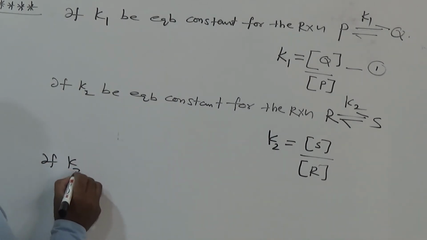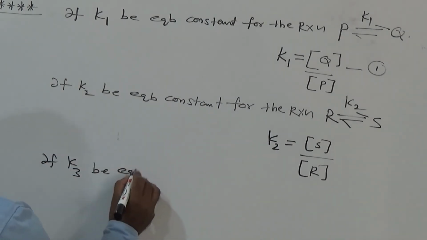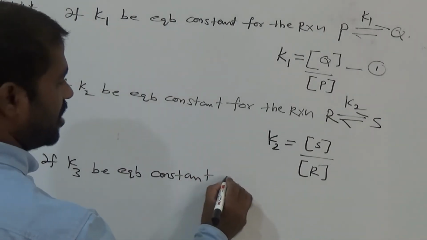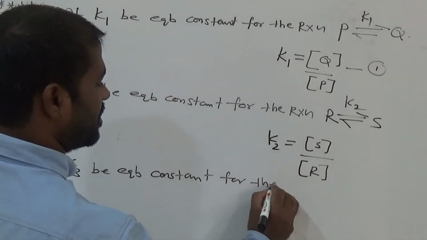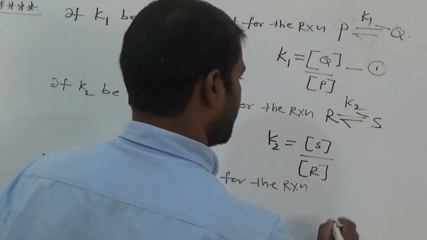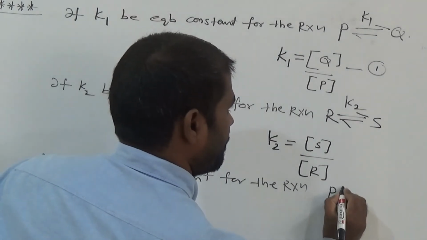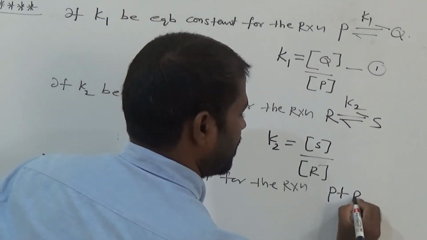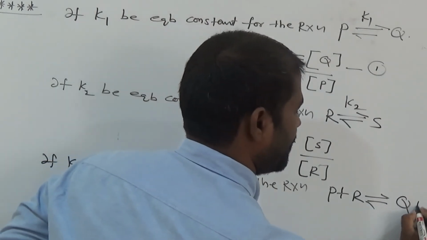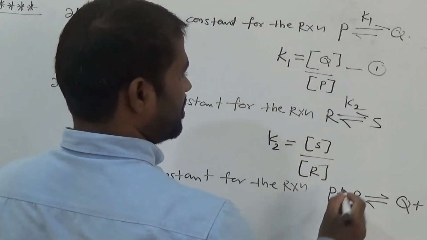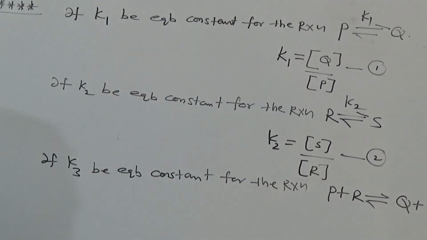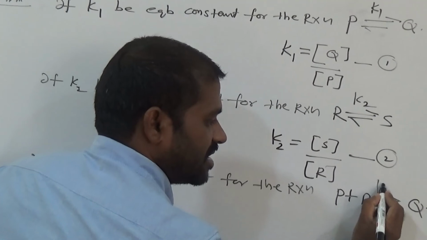If K3 be the equilibrium constant for the reaction P plus R reversible Q plus S. This is taken as 2. What is the equilibrium constant here? K3.